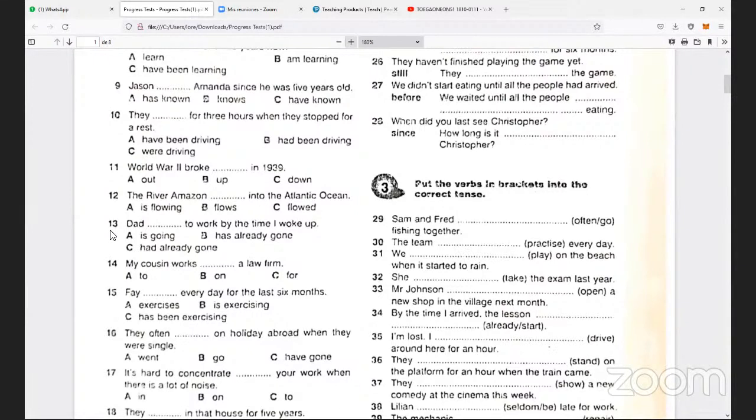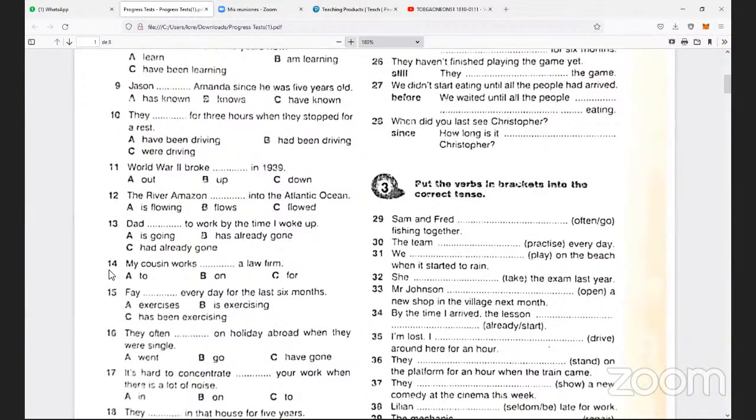Great. 13. Dad had already gone to work by the time I woke up. Perfect.